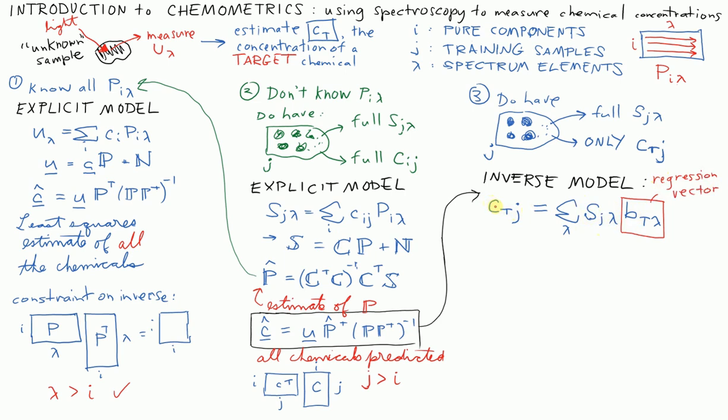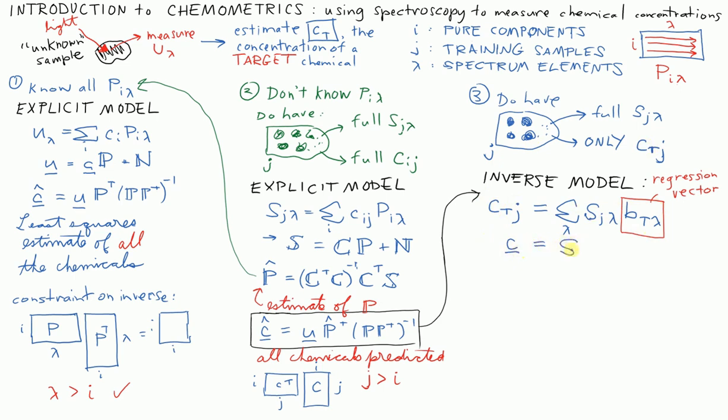Sounds attractive. Now we've measured the spectra, and we have measurements of the concentration of glucose in every sample. So the unknown is this thing in the box, this B. If I write this equation in vector and matrix notation, I would say that I have a vector C, as I've had before.